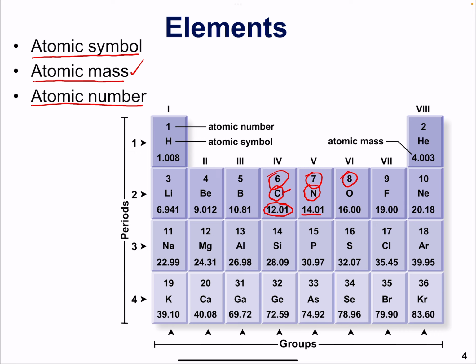So anytime you see an atom with an atomic number 8, it has to be oxygen. If the atomic number is, say, 15, like right here, that atom has to belong to the element phosphorus, right?